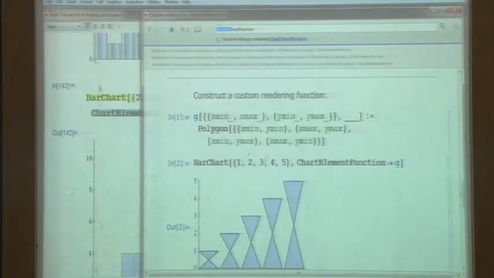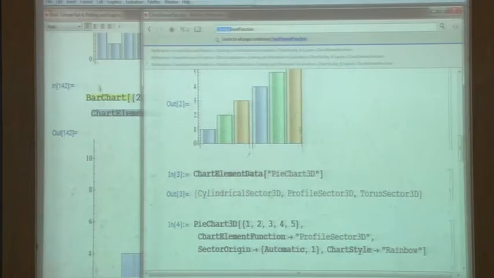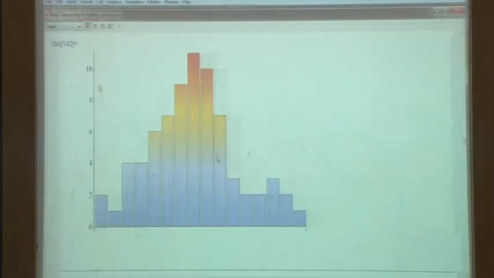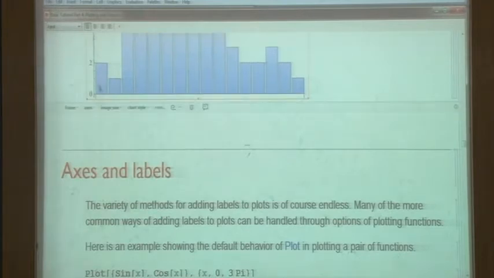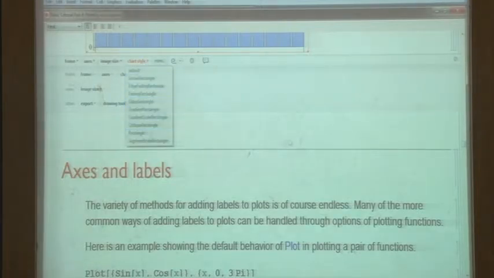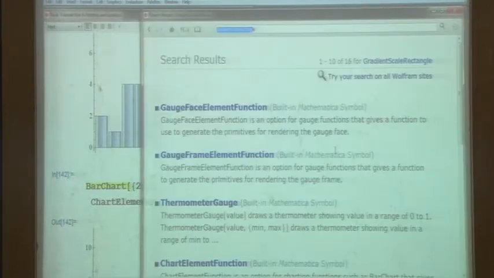So I could try to build my own, but I'm not sure I could get the circular by default. But let me check again. More. No, I think ChartStyle. Yeah, I think those would be the ones that Mathematica is giving me.